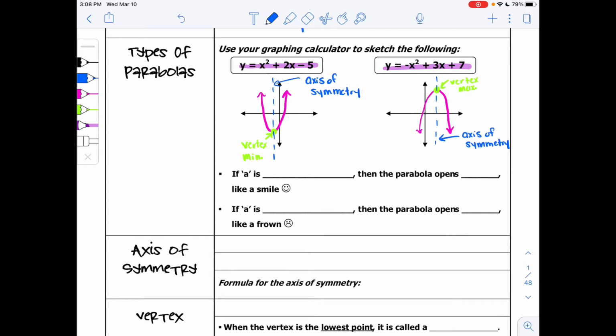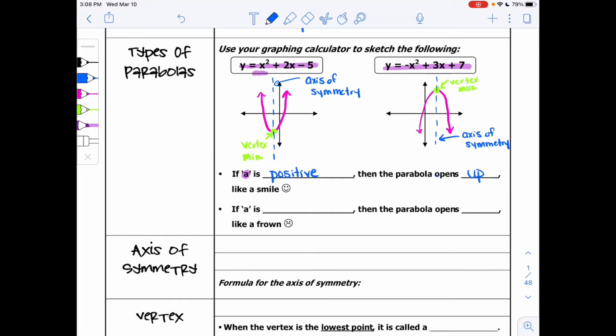More specifically, remember that standard form: if a is positive, then the parabola opens up. If you look at the equation we typed into our calculator up here at the top, a is a positive 1, and our parabola opens upwards.